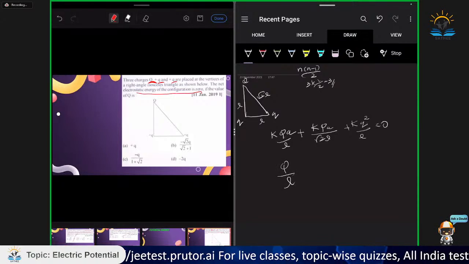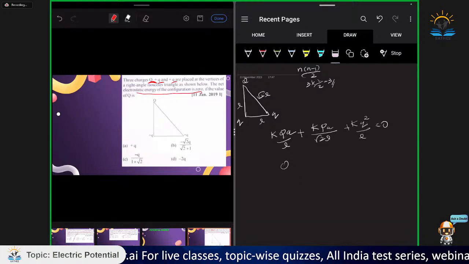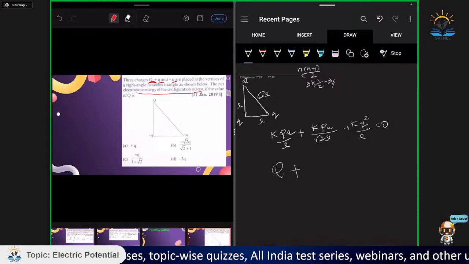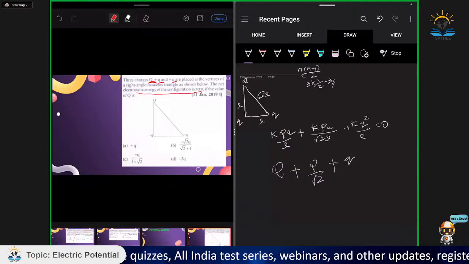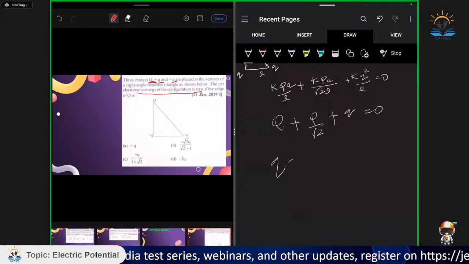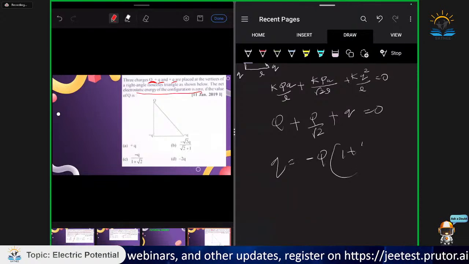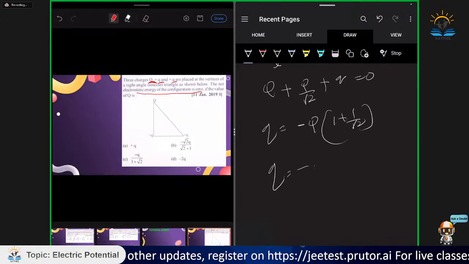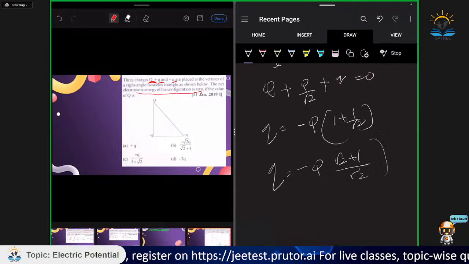So KQ upon L, q plus q by root 2 plus Q is equal to 0. It is q equal to minus of Q into 1 plus 1 by root 2, that is, q equal to minus of Q into root 2 plus 1 by root 2.